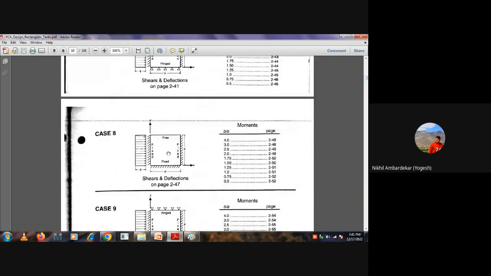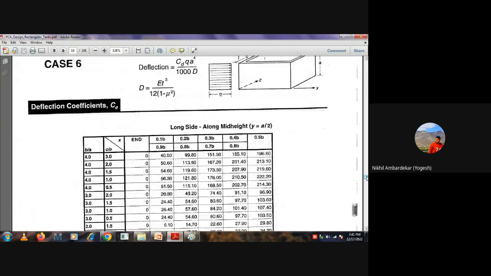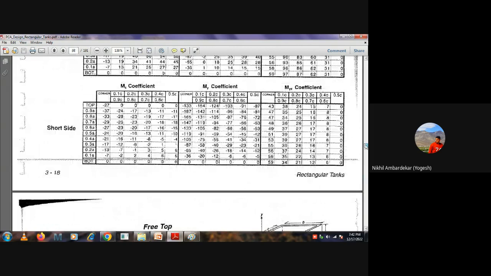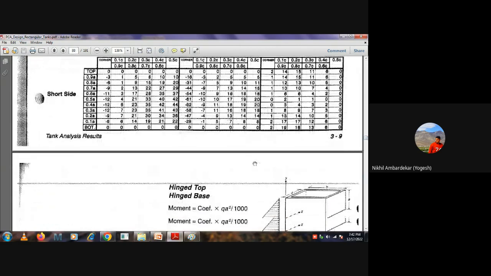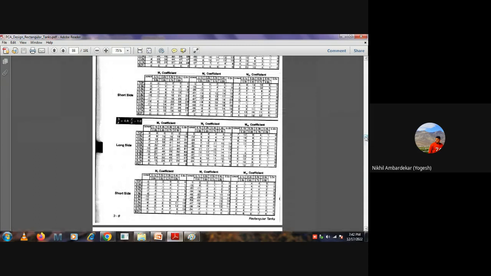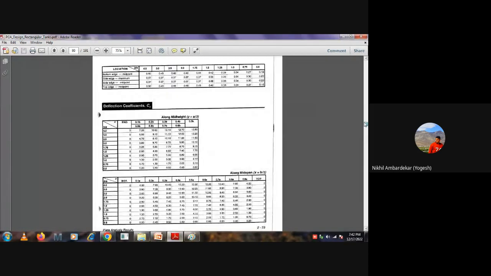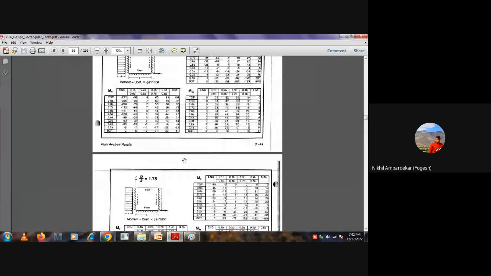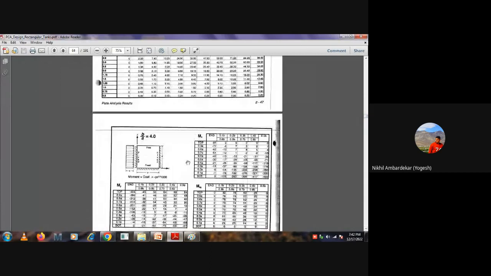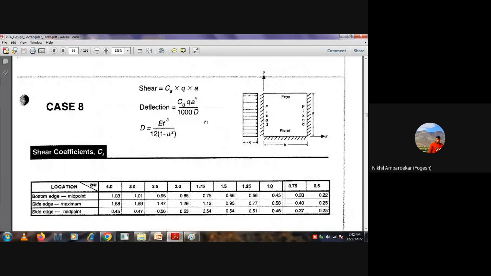Yes, load case number 8, page 248. This one. So now calculate the maximum shear force due to the surcharge.